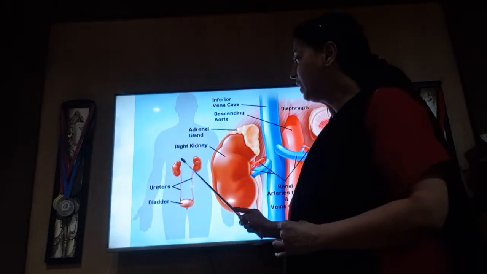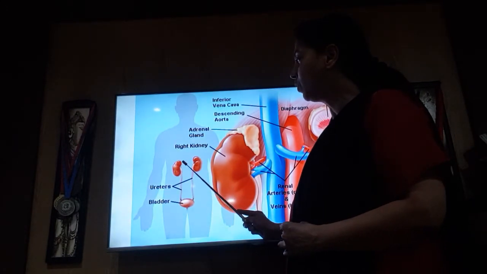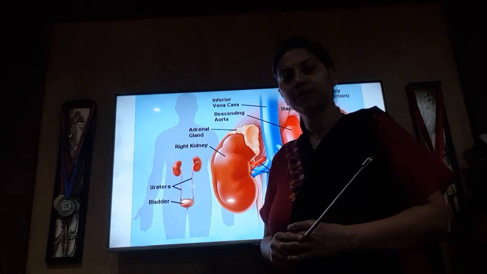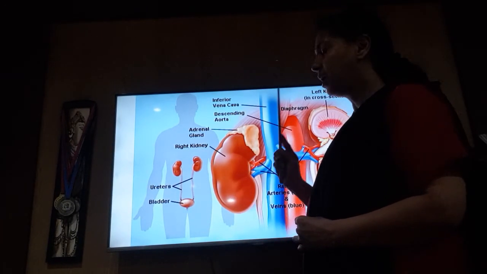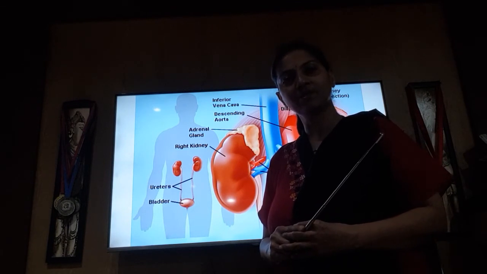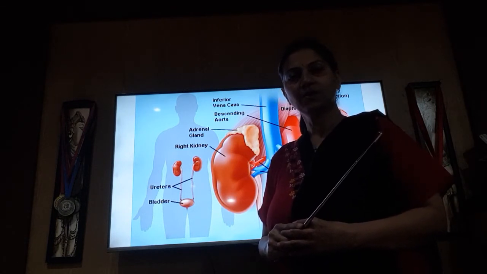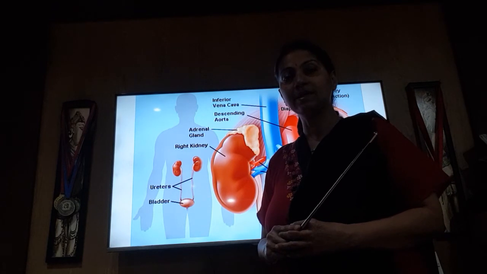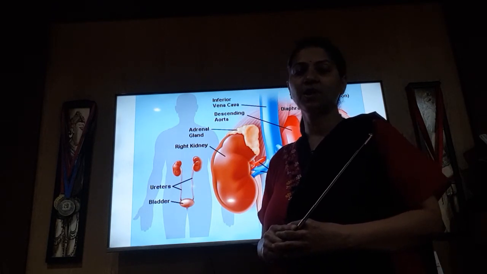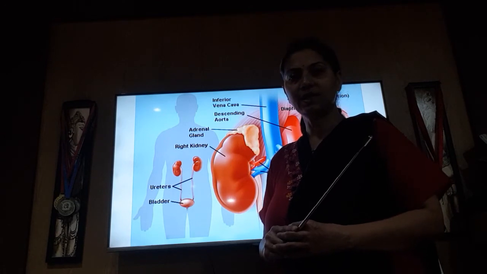So on the right side, the upper pole is related to the bare area of liver, and the left upper pole is related to the subphrenic space retroperitoneally. So these are the changes that we have made in recent time about the fascia of kidney.